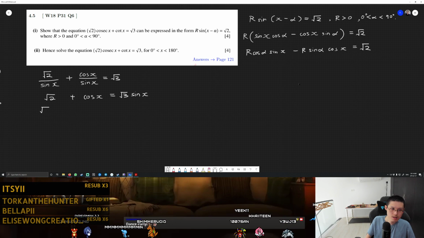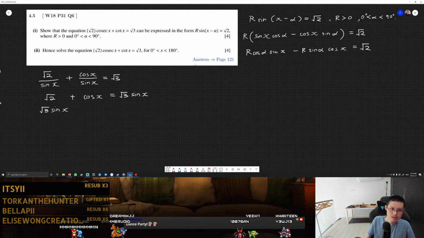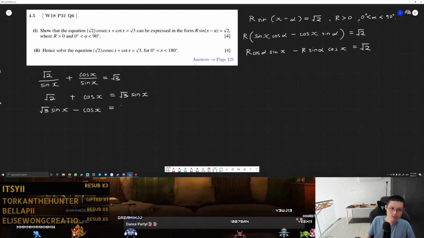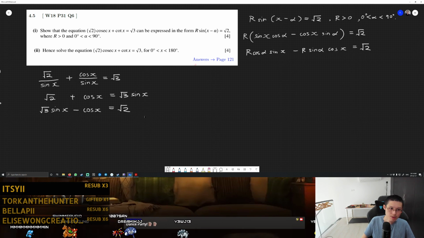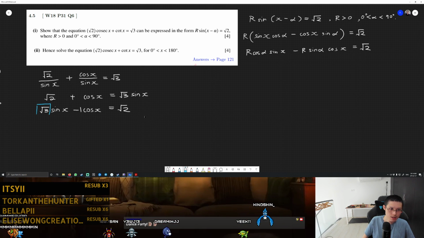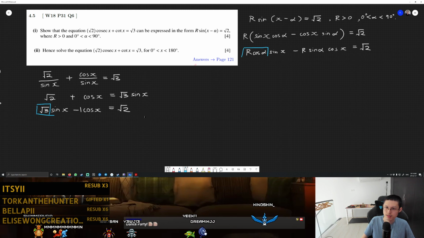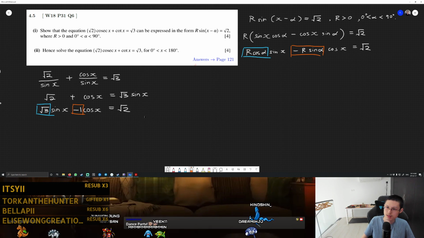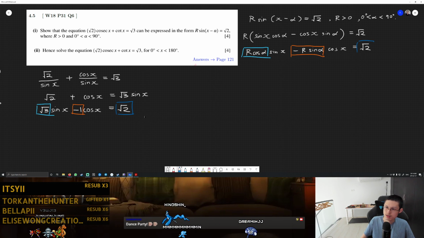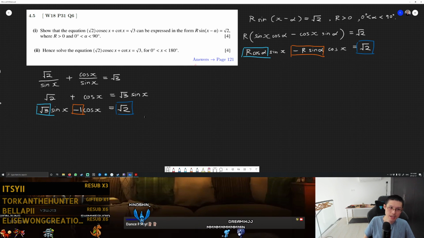So we get root 3 sine x minus cos x equals root 2. So now you can see that this looks kind of like this. So I'm going to put a 1 over here. So you can see this coefficient of sine x is actually this guy here, and the coefficient of cos x is actually this guy here. And you can see there's a root 2 in the root 2. So now we can compare the coefficients.